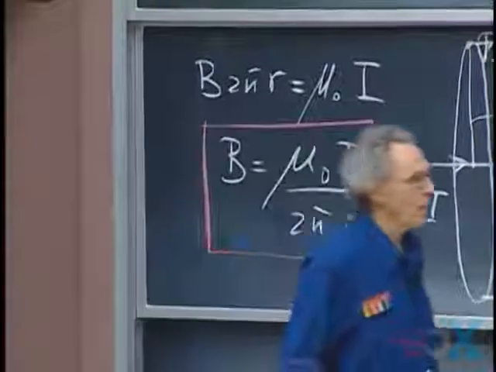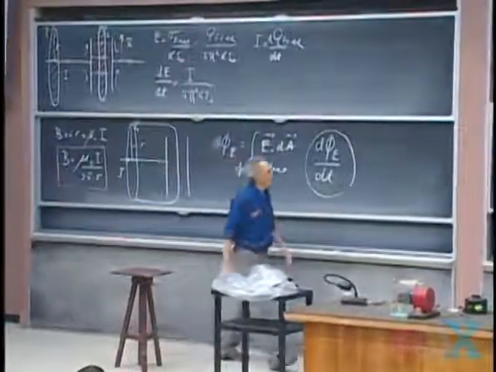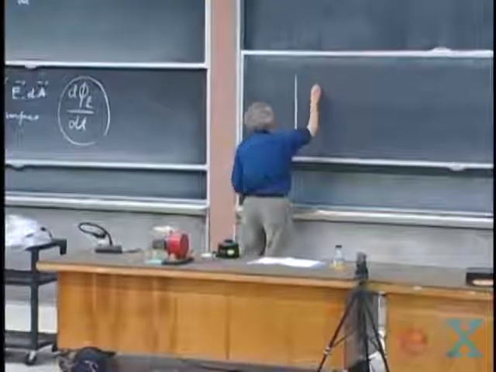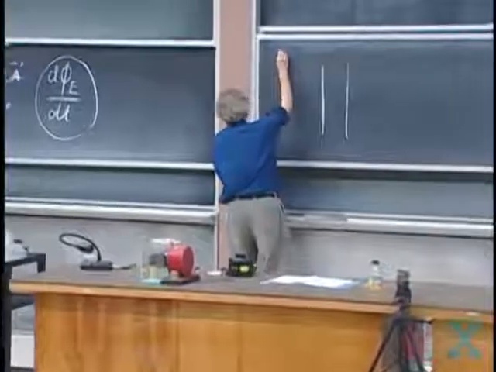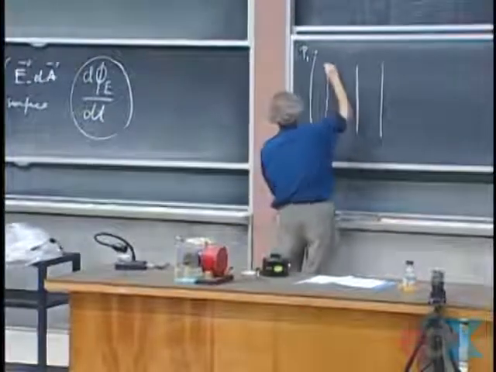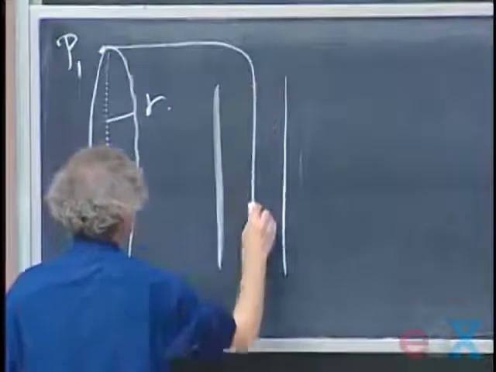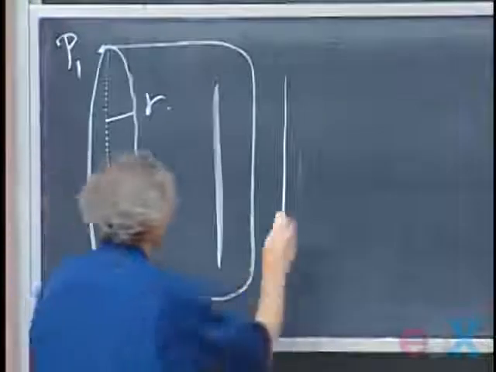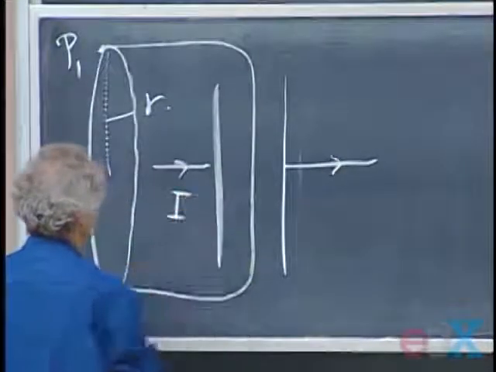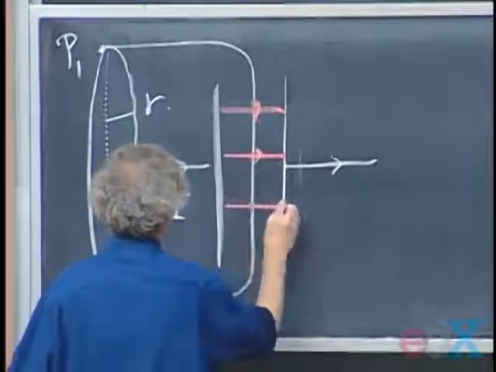But now I want to pursue this case. And so I make a new drawing. We have here this point, P1. This is my radius, little r. This is my surface going right through here. Here's the current, I. And here is my changing electric field.